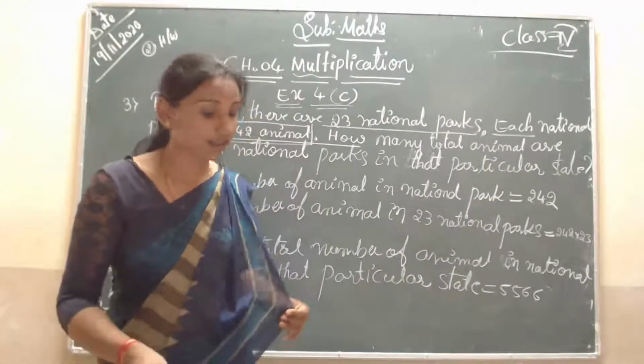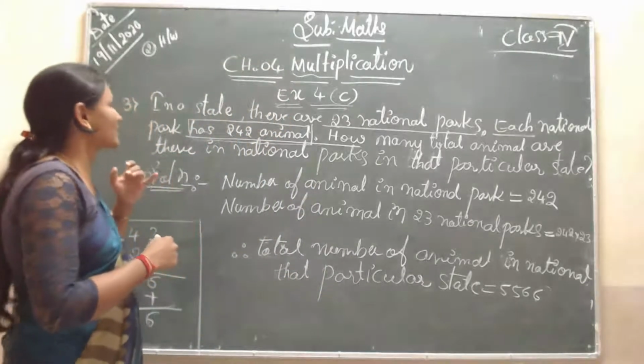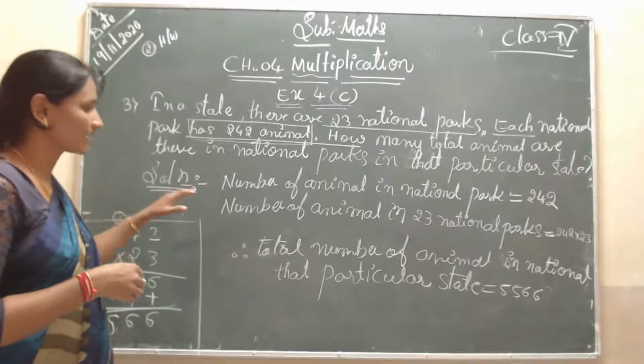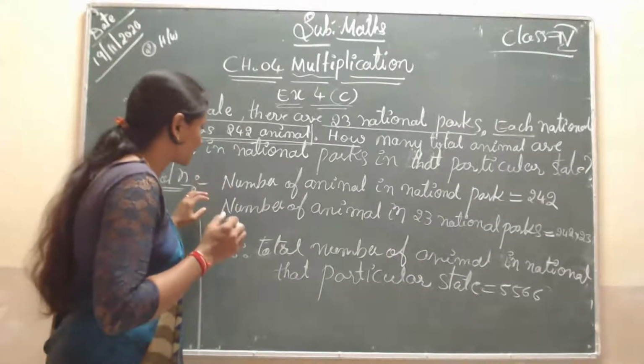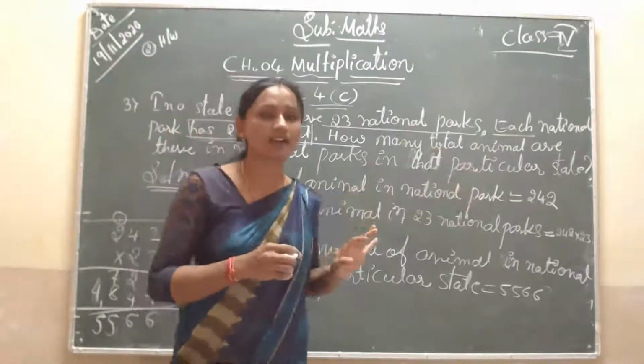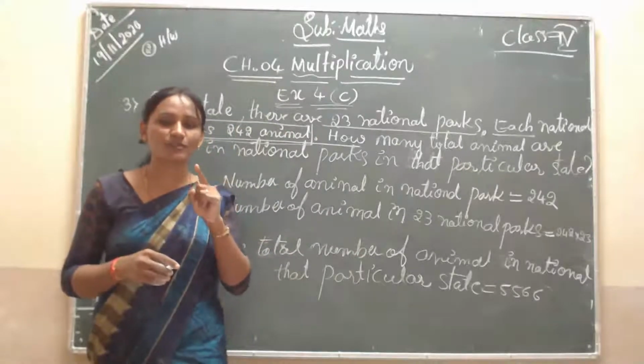Okay, so students, one second. The question is: in each state there are 23 national parks, what is the total? First I wrote the statement: the number of animals in the national park is 242. So first you have to find the total animals. The total number of parks is 23, and in each park there are 242 animals. But the question is, in total 23 parks, what is the total animals?